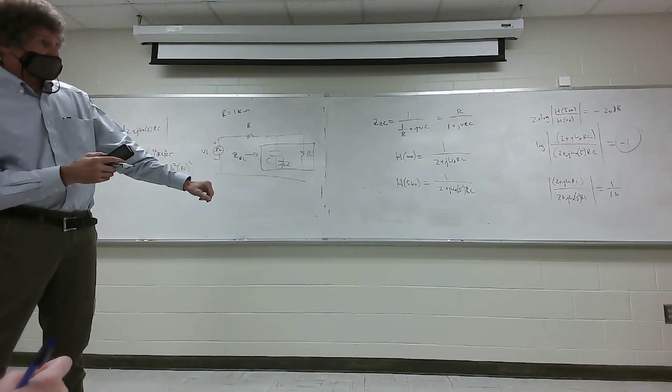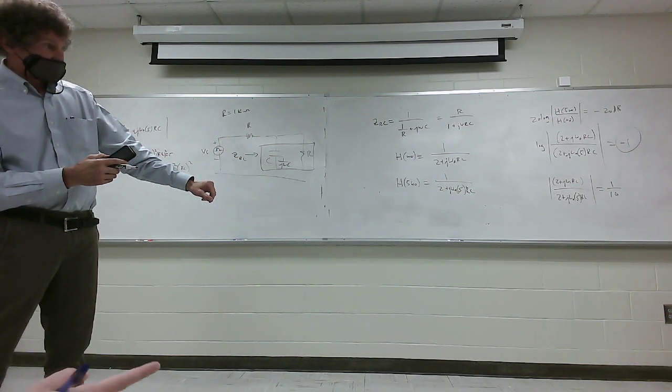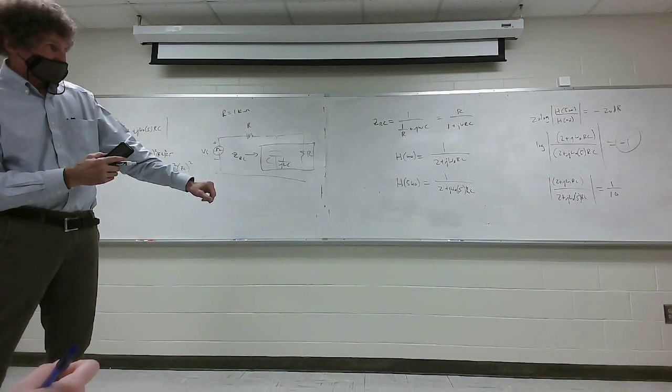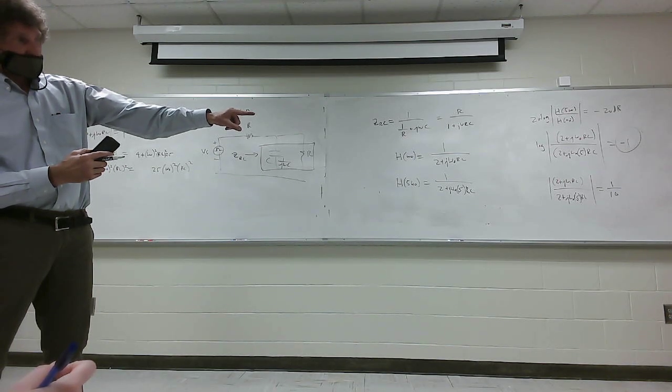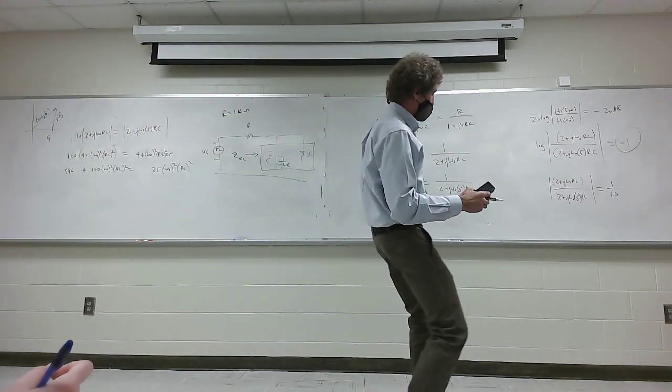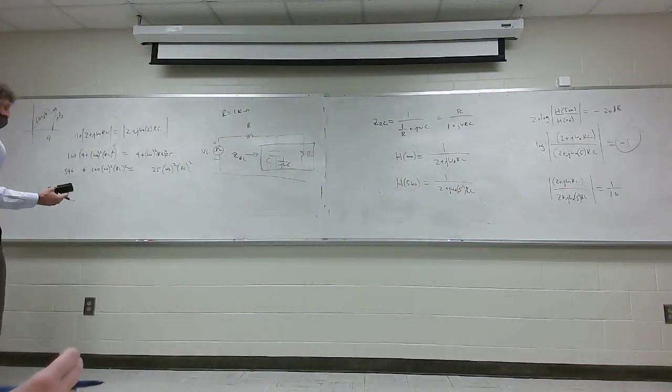Oh, 10 to the -1 is 1/10. Oh, that five wasn't squared. Oh, yes, it was. All right, let me see what happens here. You distribute it when you want.